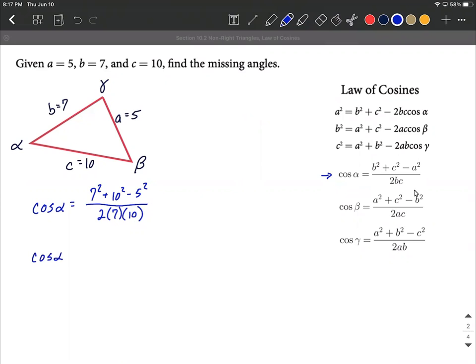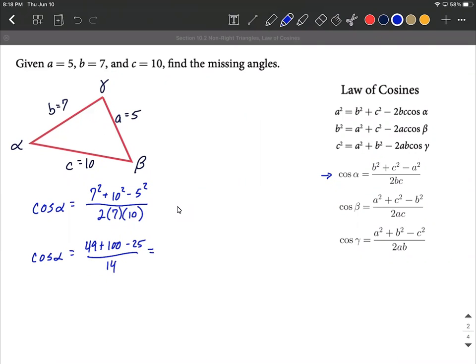Next, we've got cosine of alpha. I'm just going to do some reducing. So I know 7 squared is 49, 10 squared is 100, 5 squared is 25. And for our denominator, 2 times 7 times 10 is going to be 140.